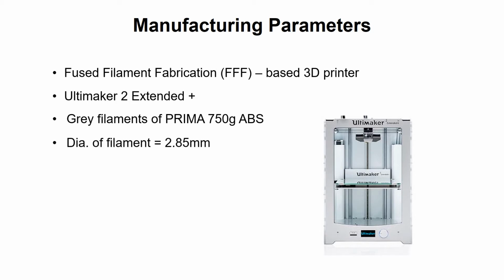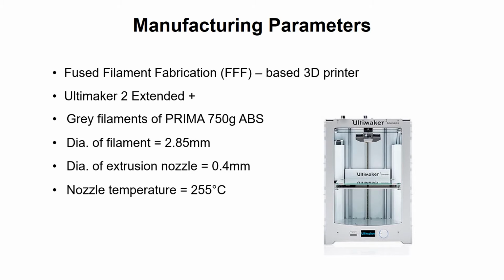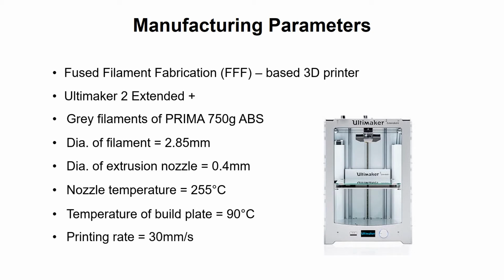The diameter of filament is 2.85 millimeters, diameter of nozzle 0.4 millimeters, nozzle temperature at 255 degrees Celsius, build plate temperature at 90 degrees Celsius, and the printing rate of 30 millimeters per second.